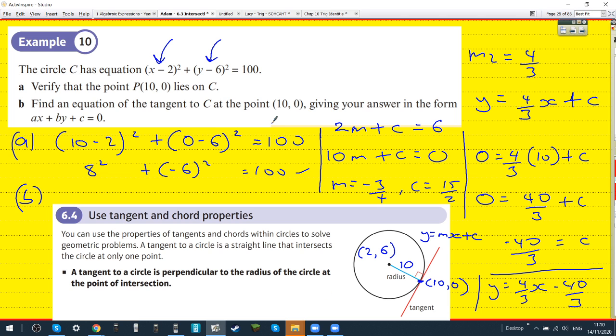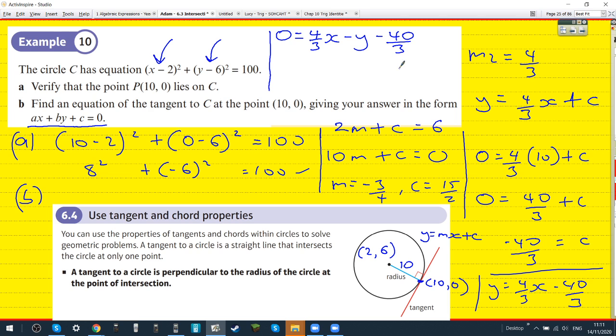Yes. Believe it or not, they want it in a different form. So how would we make it so it's in the form ax plus by plus c equals 0, where there's no fractions, just whole numbers? Would you minus y on both sides? Yep. So it'd be 4 over 3x minus y minus 40 over 3 equals 0.